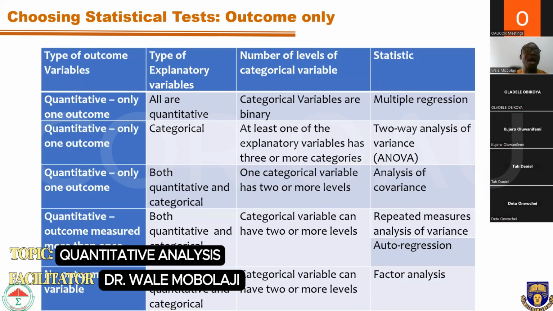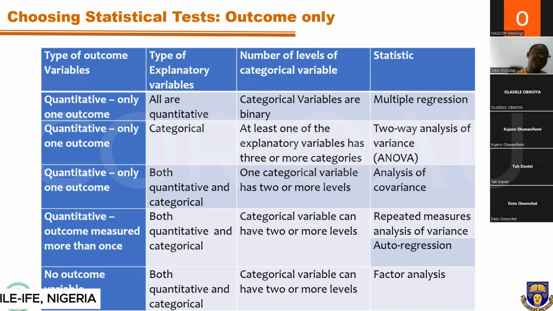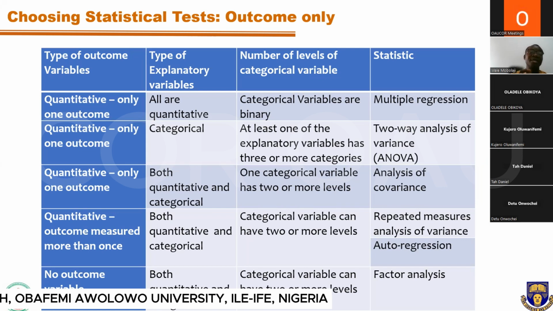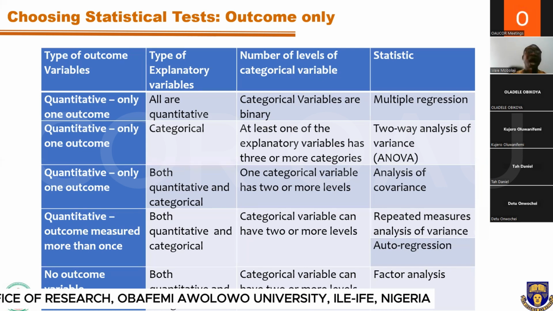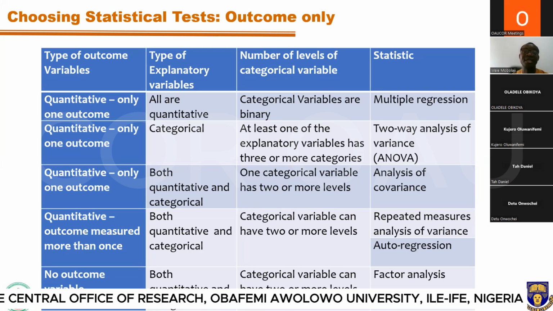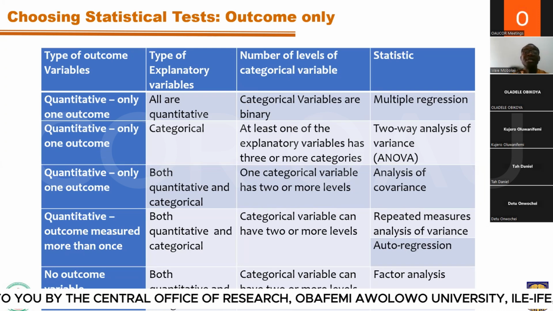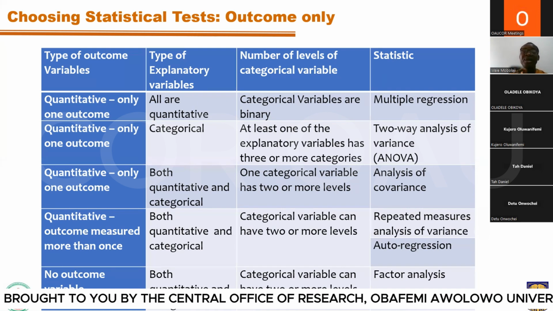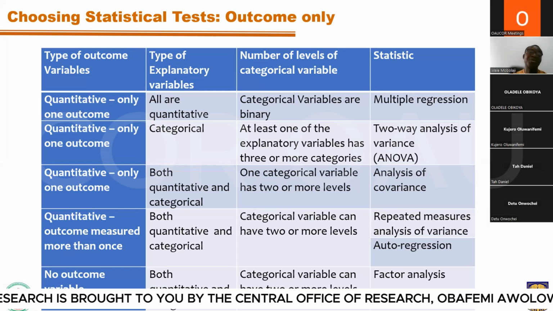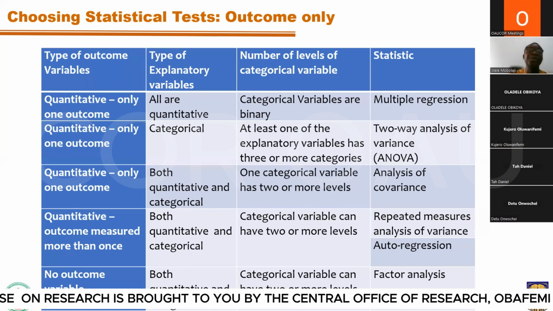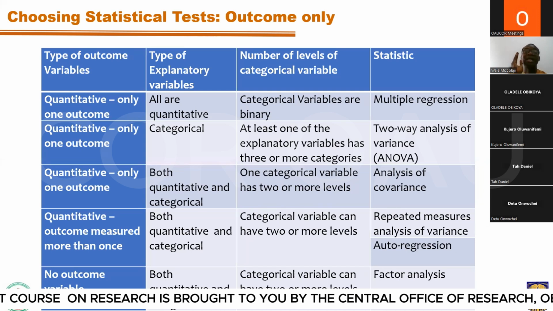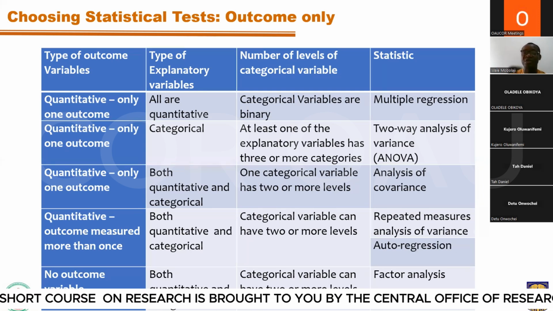Now, what if you have an outcome variable and you also have explanatory variables? What kind of analysis do you do? So if the outcome variable is quantitative and you have only one outcome, and you have explanatory variables that are both categorical and quantitative, at that point, you could use multiple linear regression.